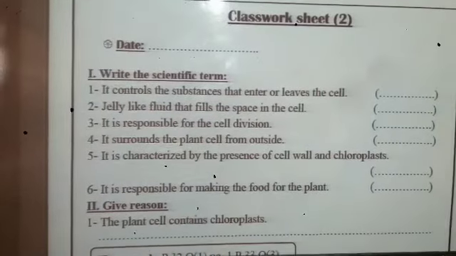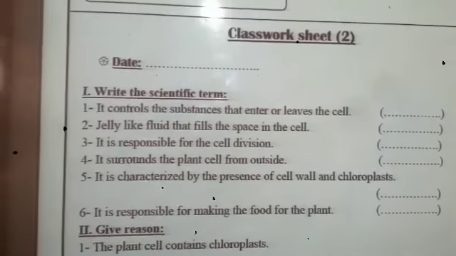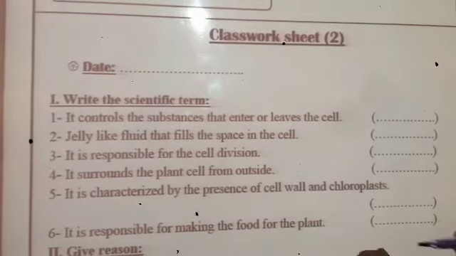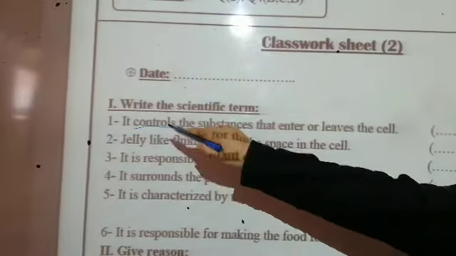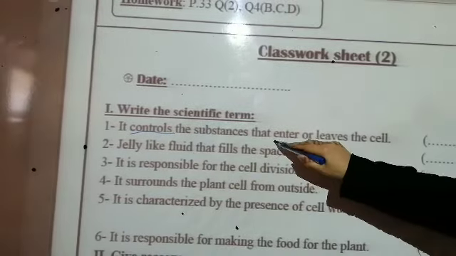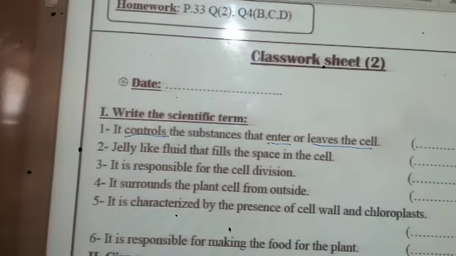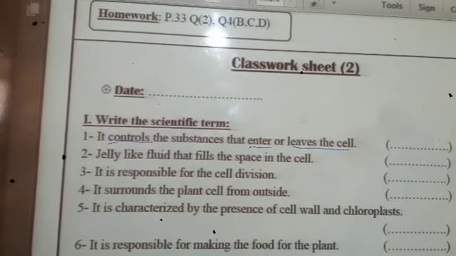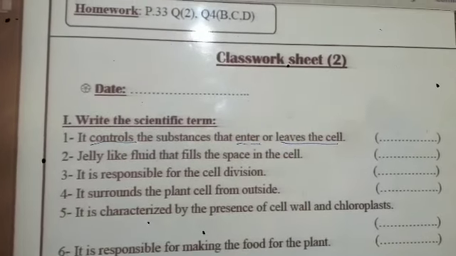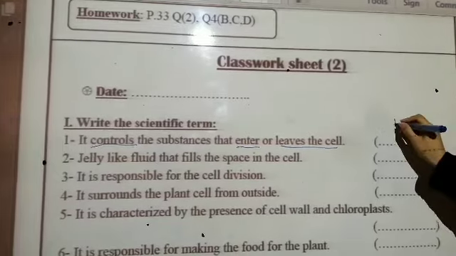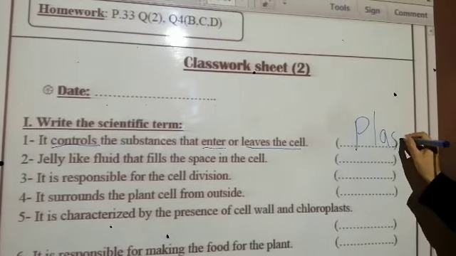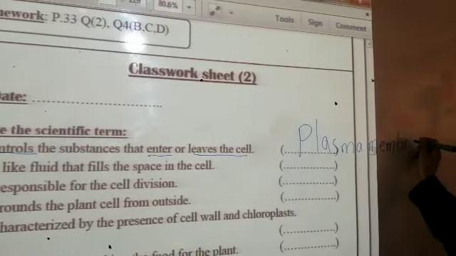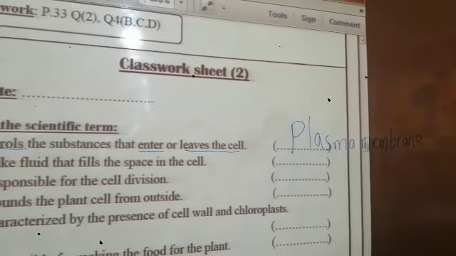Number 1, it controls the substances that enter or leave the cell. Here I have some keywords: controls, substances enter or leave the cell. The component inside the cell responsible for controlling the substances that enter or leave the cell is the plasma membrane, which we can also call the cell membrane.